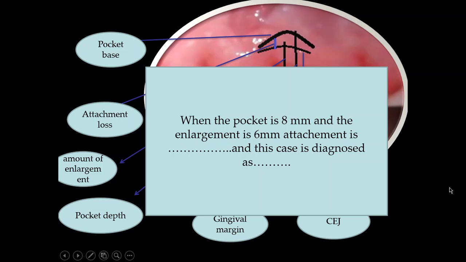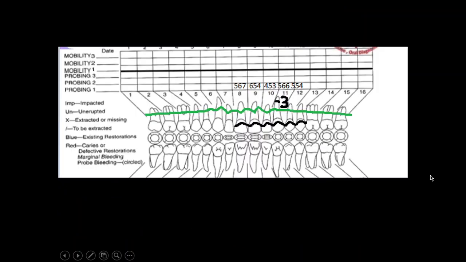So when we have a pocket of 8 millimeters and the enlargement is 6 millimeters, the attachment loss here is 2 millimeters, and this is diagnosed as periodontitis.